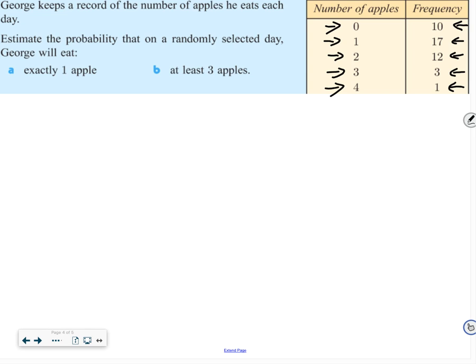First thing I want to know is how many trials did I look at? How many days did I look at overall? If I add up all these numbers, 10 plus 17 plus 12 plus 3 plus 1, that's equal to 43 trials. If I want to estimate the probability that on a randomly selected day George will eat exactly 1 apple, I write the probability of eating 1 apple.